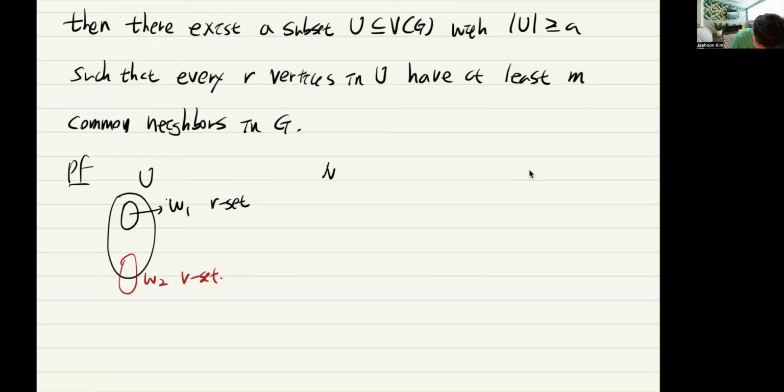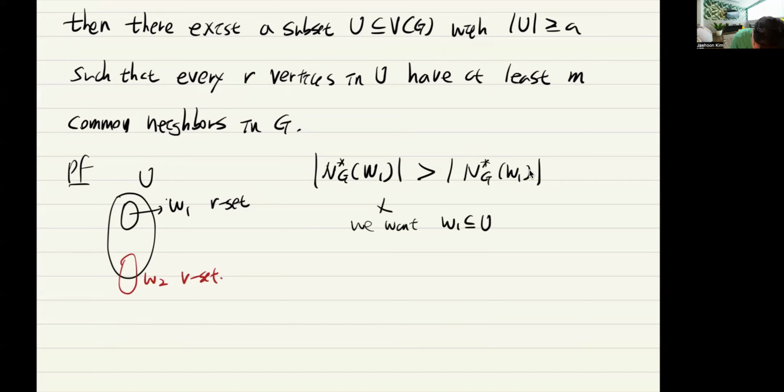So if, say, the set of common neighbors of W1 is bigger than the set of common neighbors of W2, we want W1 being included in U to happen more likely than W2.